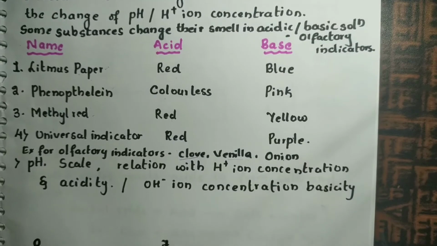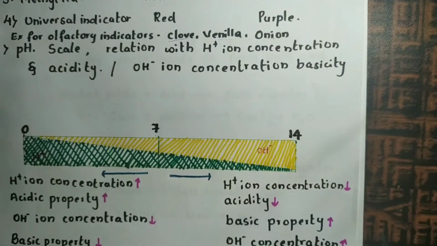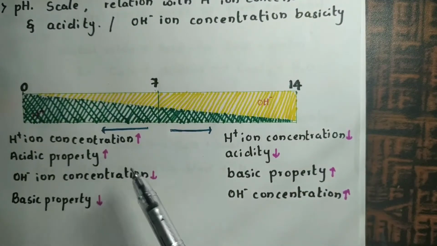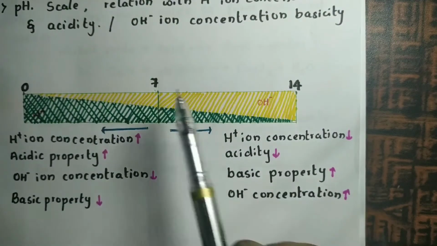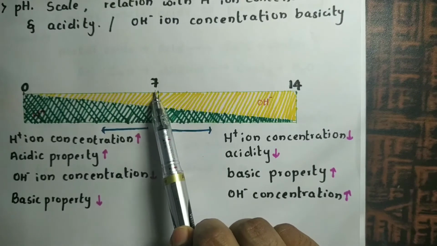Let us study the relation between H plus ion concentration and the change in the pH and also acidity and basicity of the solutions. See, I have drawn a pH scale for you. pH scale varies from 0 to 14. In the middle there is 7 where the pH will be neutral.